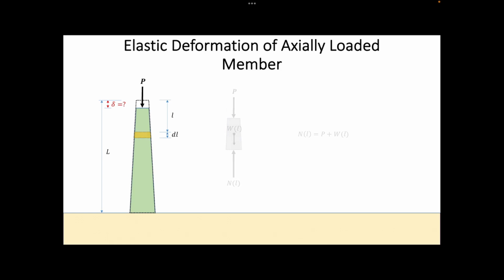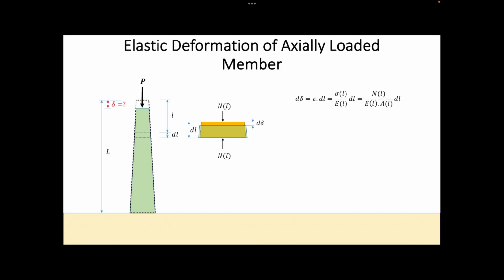Next, let us study the deformation of the differential length element. As we already know, the displacement d delta for the differential element is calculated by multiplying the strain with the length of the element.